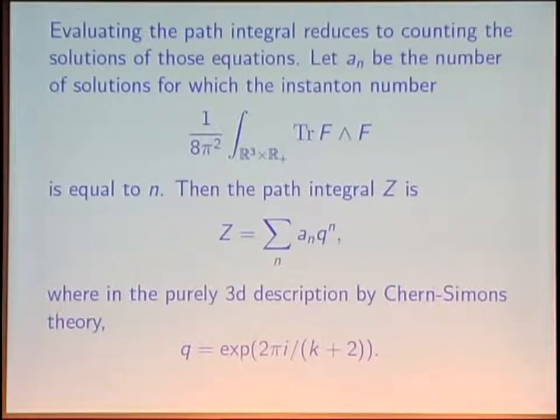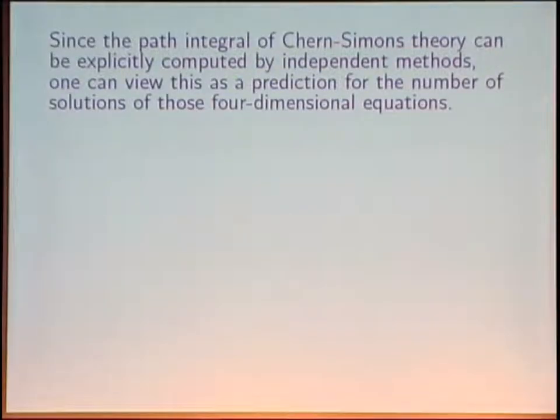That's the prediction that comes out of electric-magnetic duality and supersymmetric localization. But since the Chern-Simons partition function can also be directly computed by relating it to 2 dimensions, we can view this as a prediction for the numbers a_n, the number of solutions of those 4-dimensional equations.